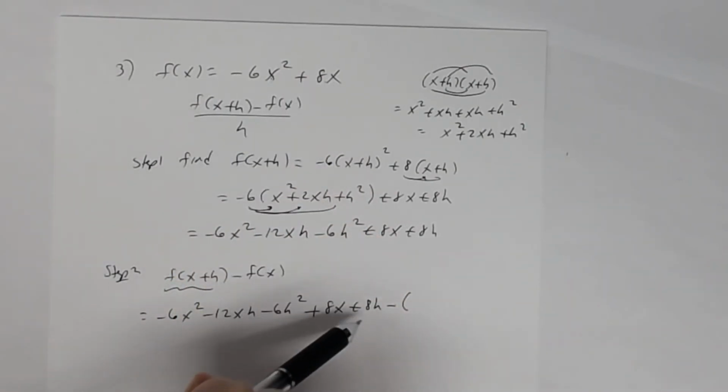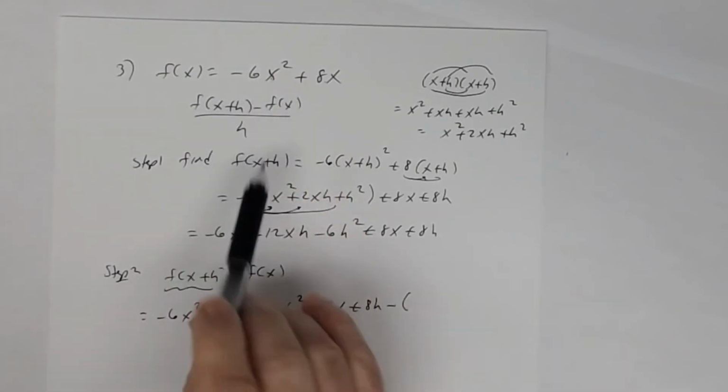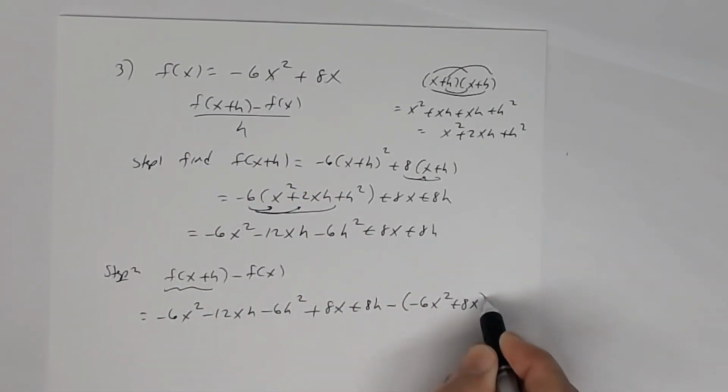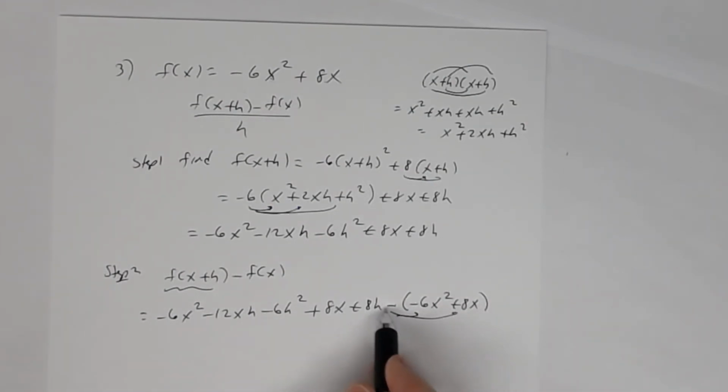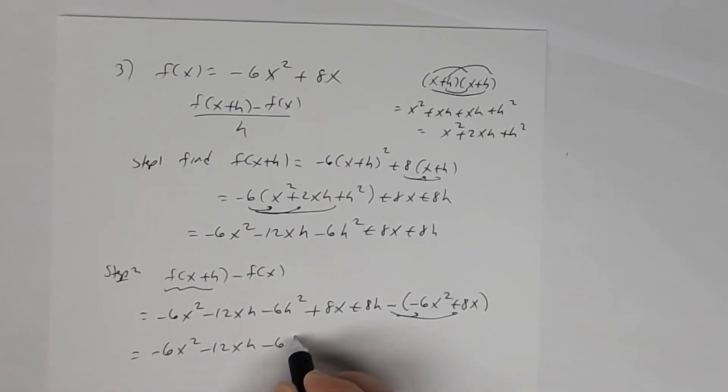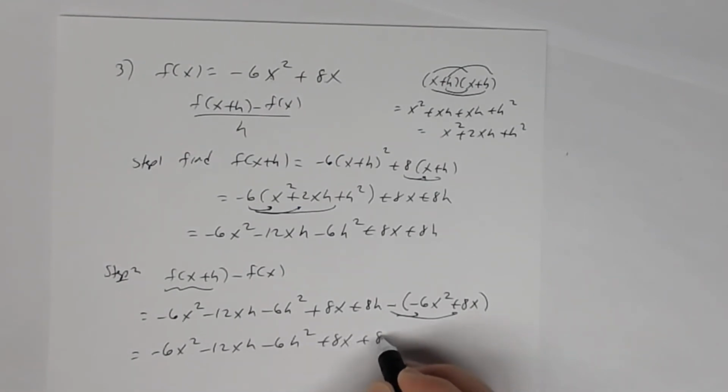Make sure you put that in parentheses: negative 6x squared plus 8x. Now get rid of that parentheses and take the opposite of each term. I get negative 6x squared minus 12xh minus 6h squared plus 8x plus 8h.